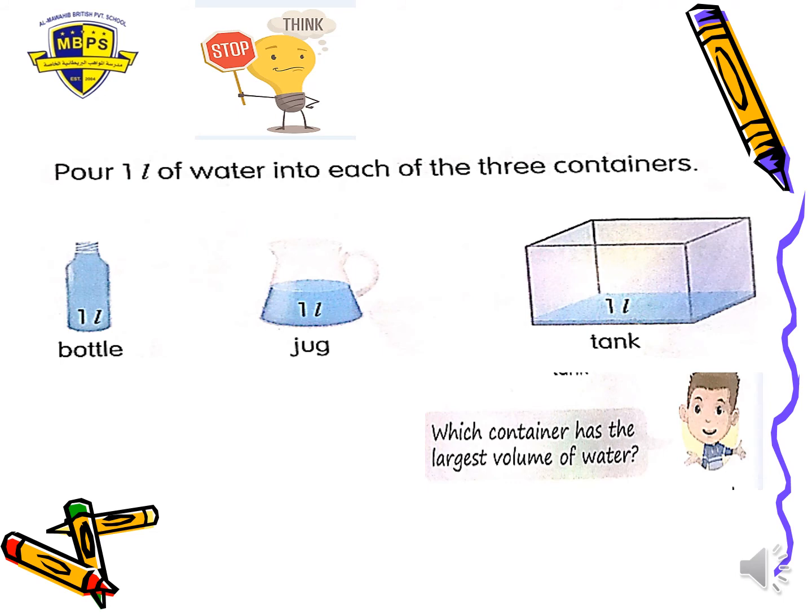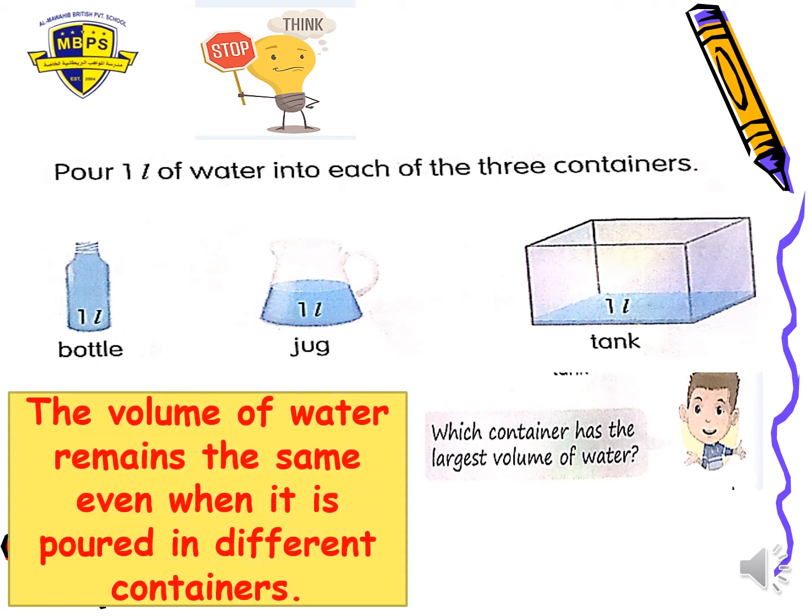Yes, you are correct. I put the same amount, which is 1 liter, in each of the 3 containers. I know the size of the containers is different, but in each container, I put the same amount or the same volume of water. So, the volume of water remains the same even when it's poured in different containers.